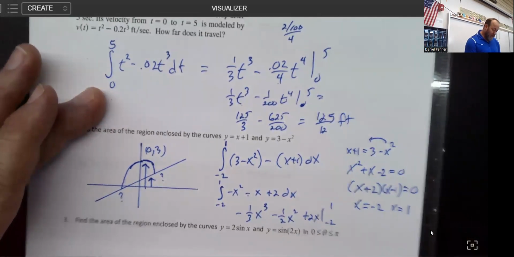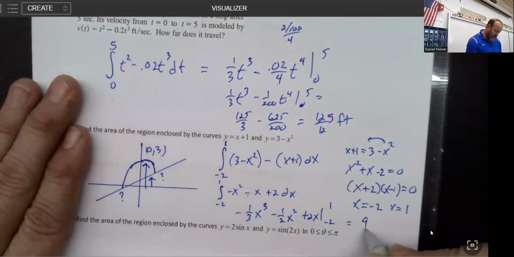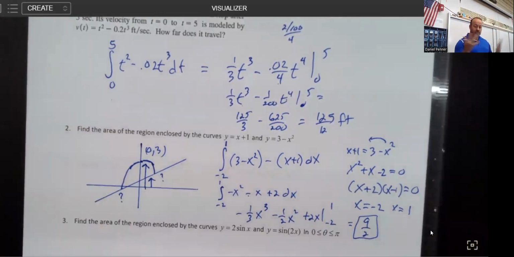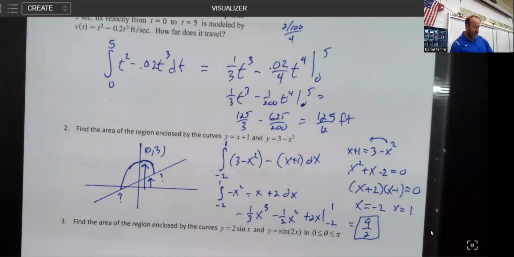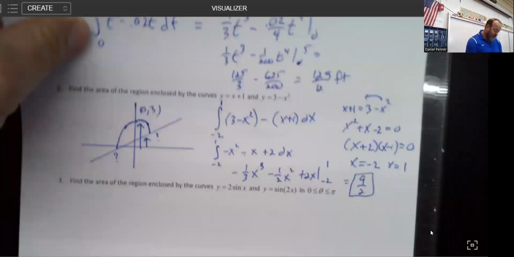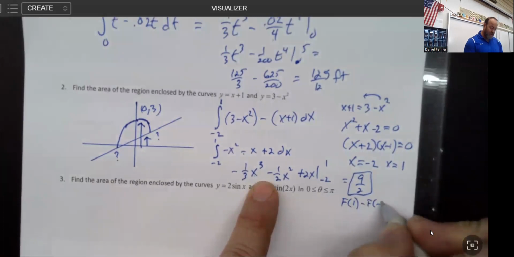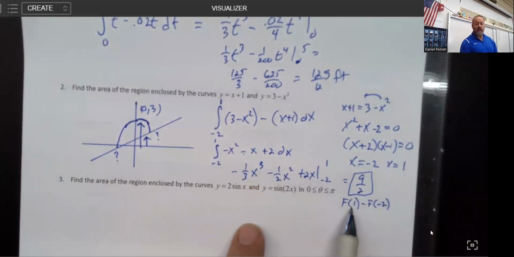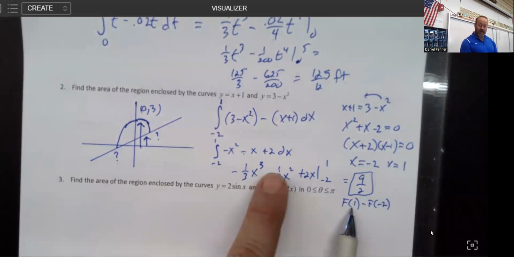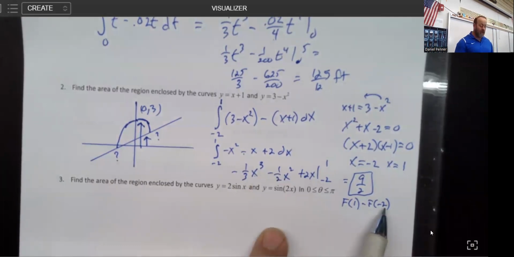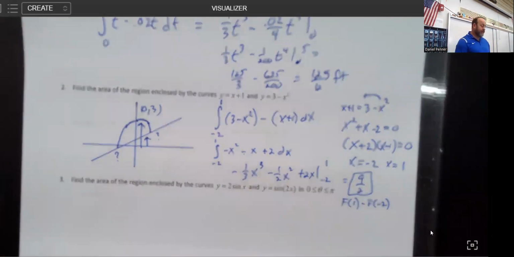Plugging it in is not that big of a deal, but my notes reflect that value, in other words, capital F of 1 minus capital F of -2. In other words, the evaluation of the antiderivative at 1 minus the evaluation at -2 gave me 9/2.